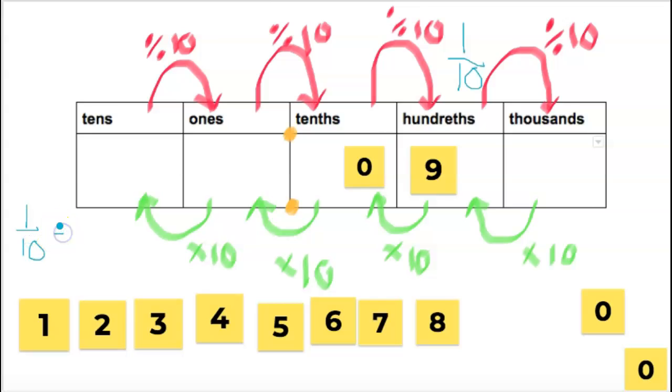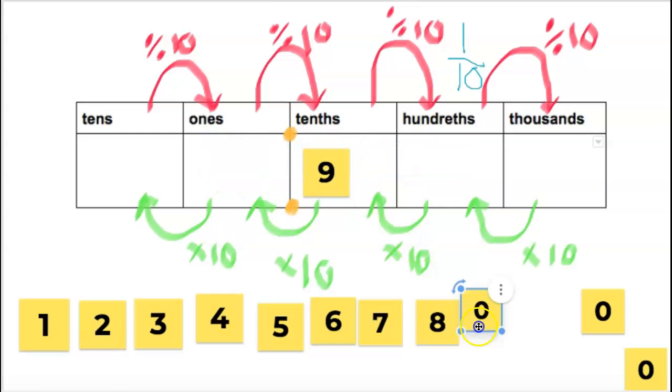To find 1/10, you divide a number by 10, which means you're moving it one place to the right every time you find 1/10 of a number. So every time you divide by 10, you move one place to the right on your place value chart. And every time you multiply by 10, you move one place to the left.